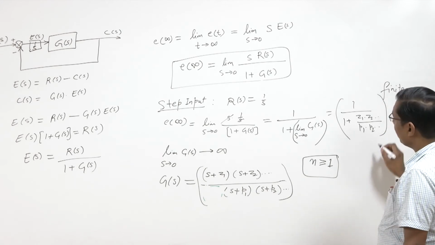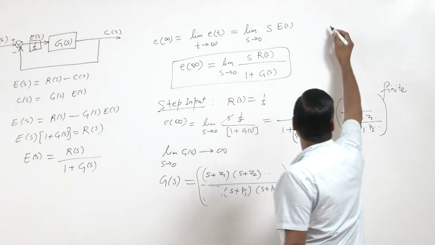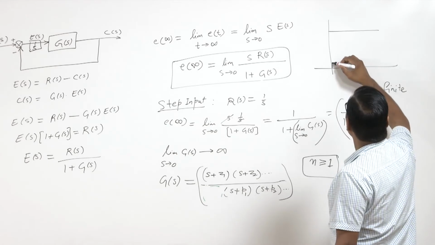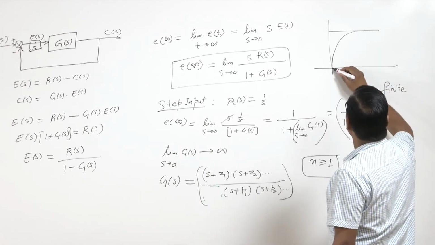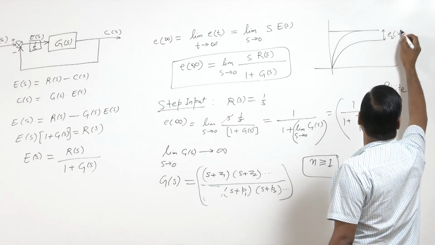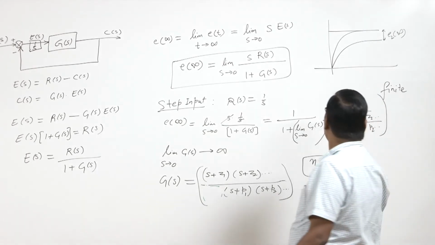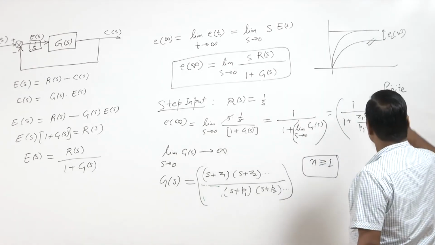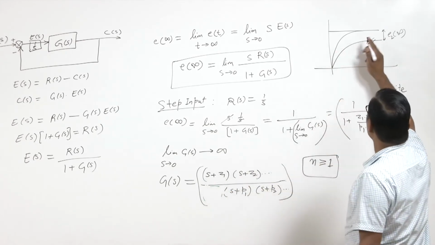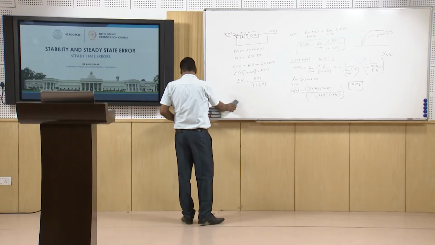So we will get a finite steady state error, because we remember that against the step input we had two types of output, one with finite error and one with zero steady state error. When we have at least one s here, we get the zero error one.